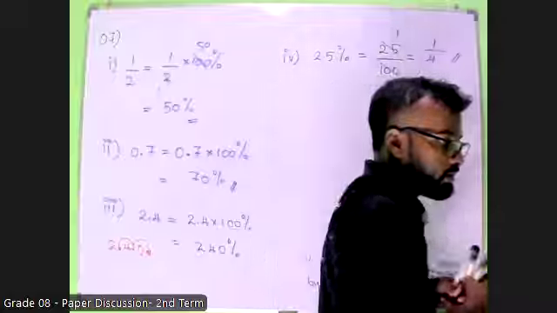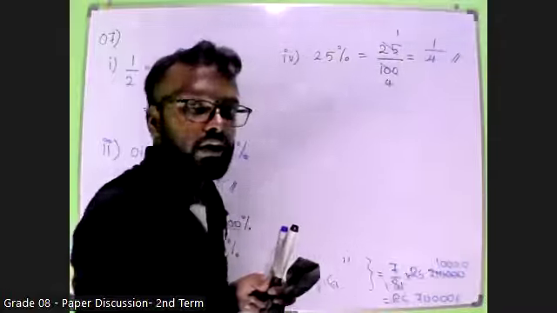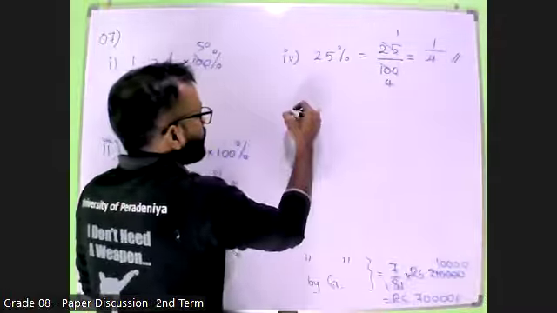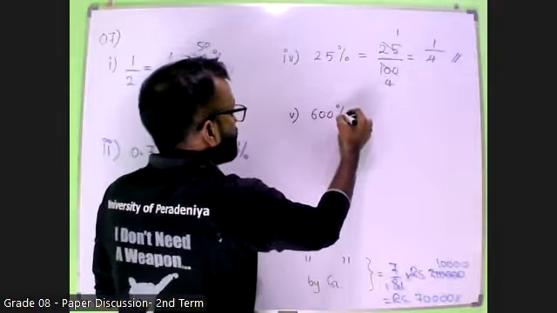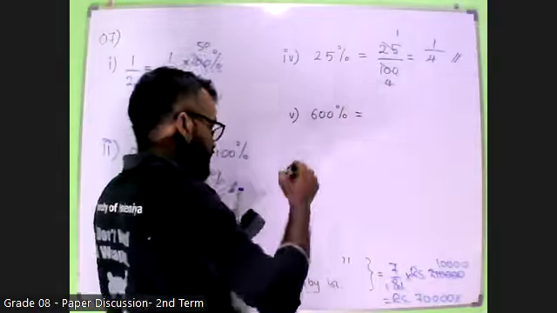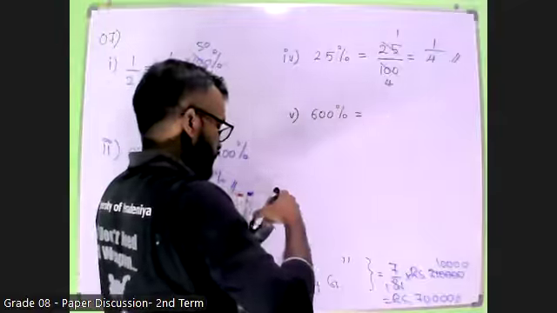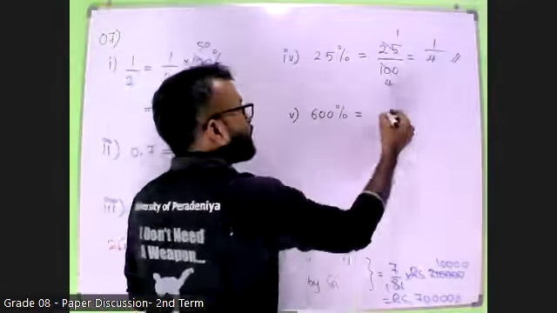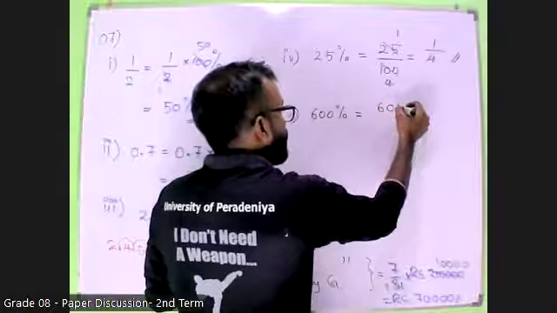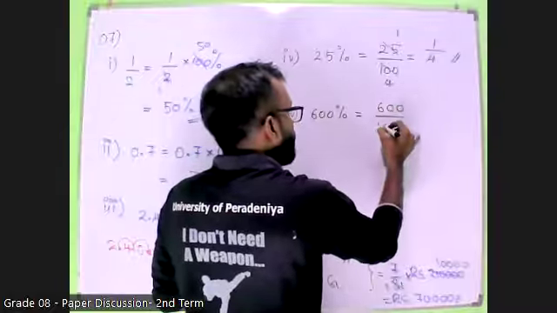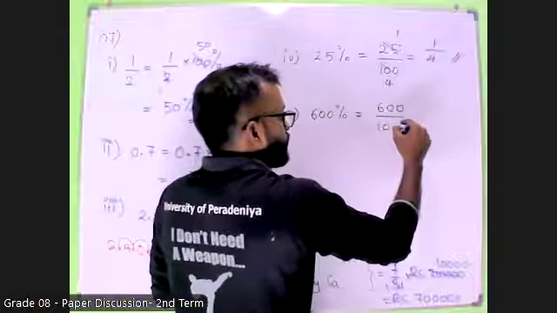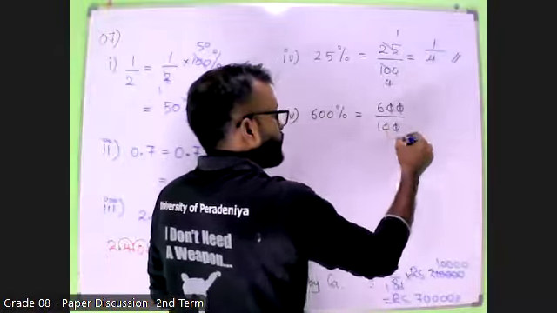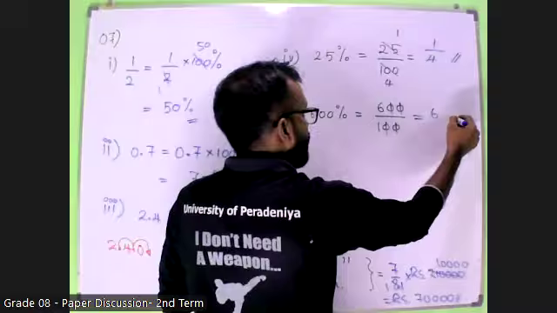600%. It is correct. So we have to follow the same way. Percent means divide by 100. 600 divided by 100. So 0 to 0, 0 to 0. The final answer is 6.